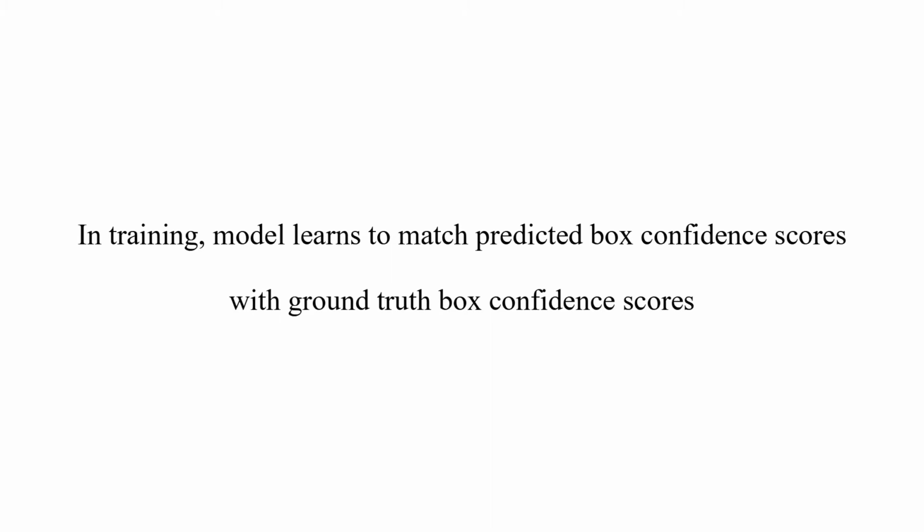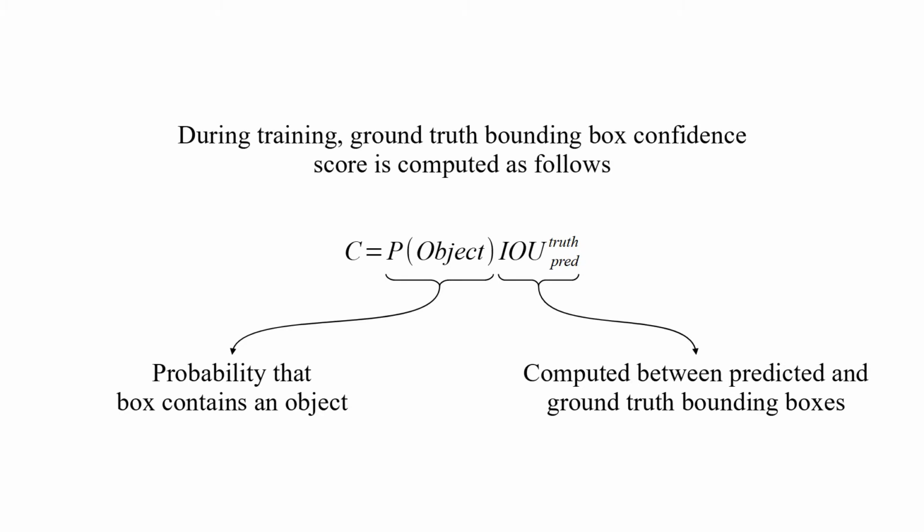In training, model learns to match predicted box confidence scores with ground truth box confidence scores. During training, ground truth bounding box confidence score is computed multiplying P of object with intersection over union.